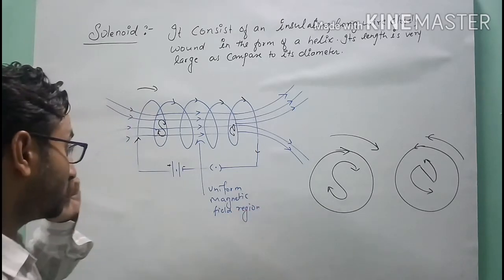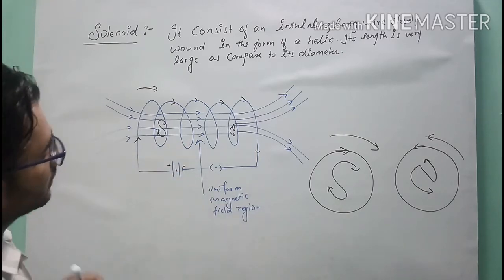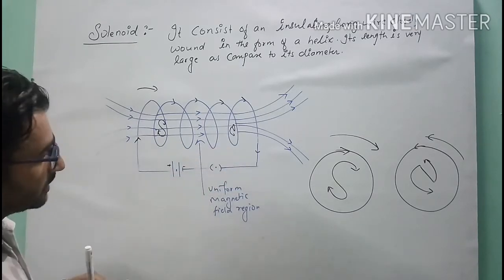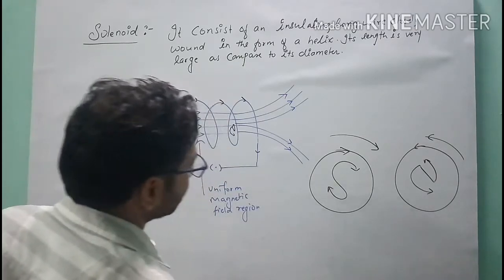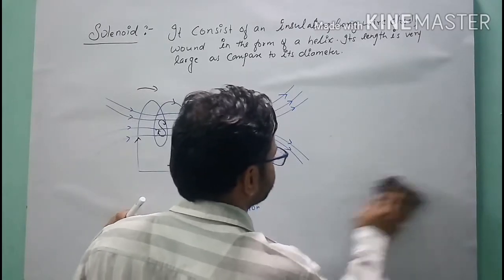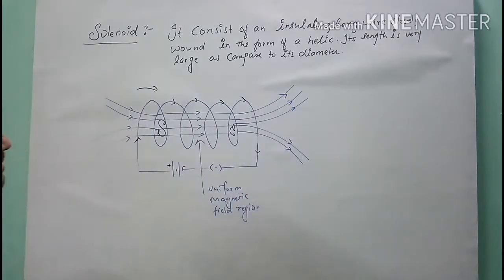Now in class 12, we will calculate the magnetic field due to this solenoid. For this we will consider a rectangular Amperian loop, because in this derivation we will use Ampere's circuital law.